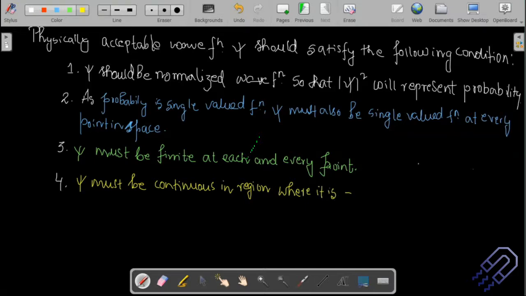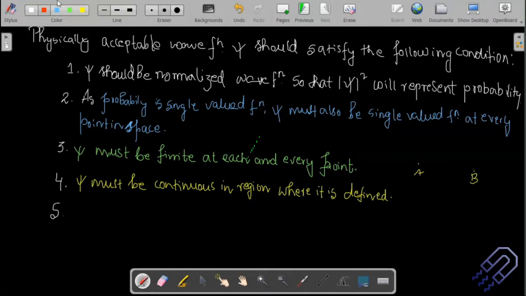So I'm saying that the particle will exist from location A to B. It exists between A and B. I know it. So that means at each and every point between A and B, the wave function must be continuous. That's very important. If the wave function is continuous, that means its first order derivative should also be continuous.